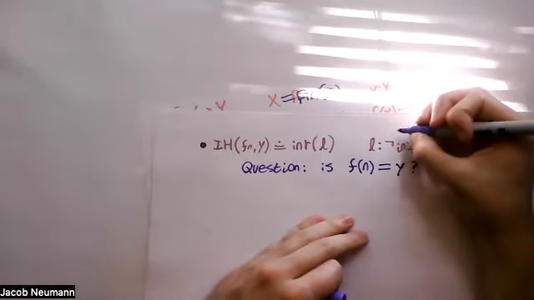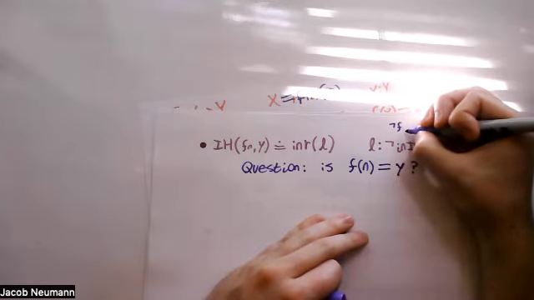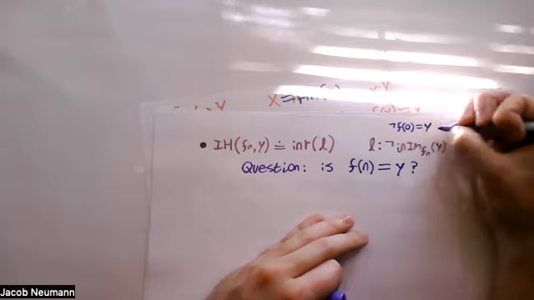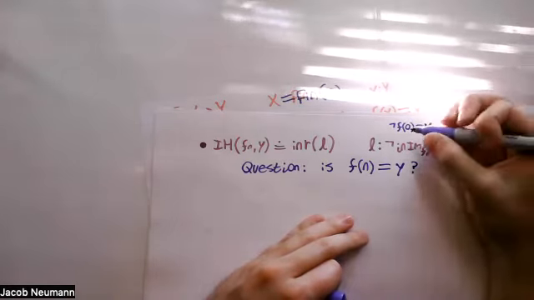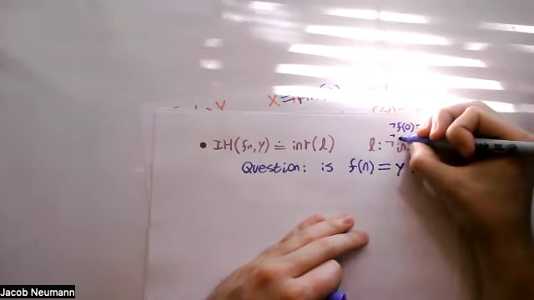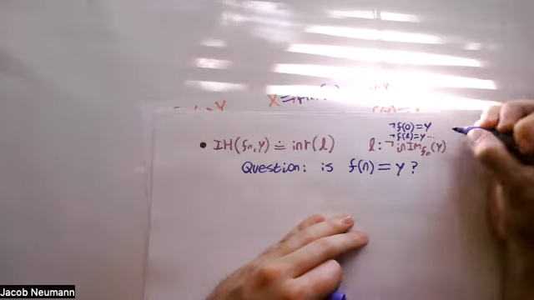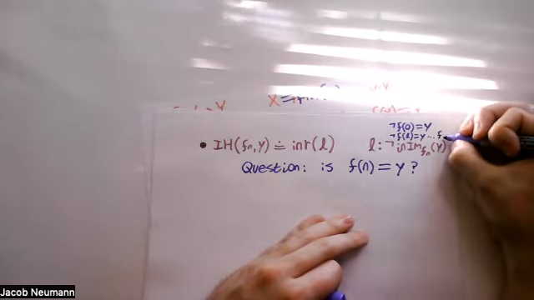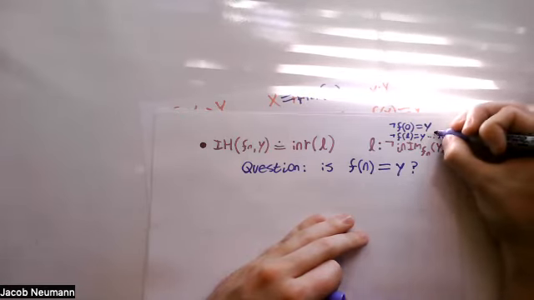We know that f of 0 is not equal to y, assuming here n is bigger than 0, and we know f of 1 is not equal to y, all the way up to f of n minus 1 is not equal to y.